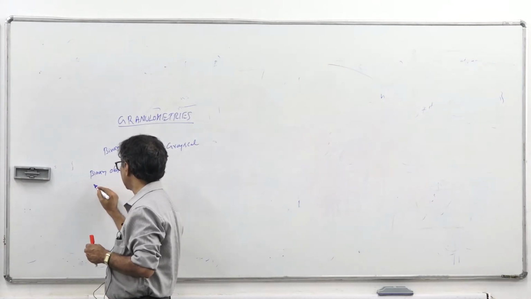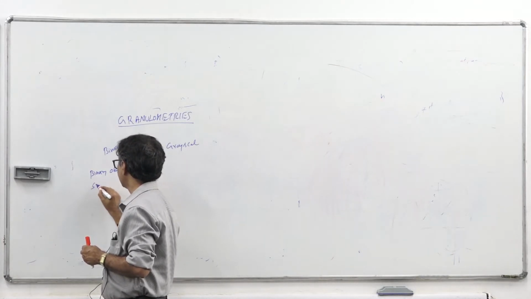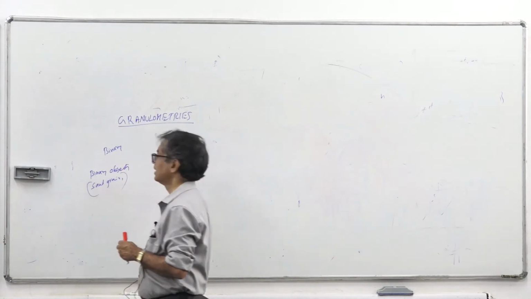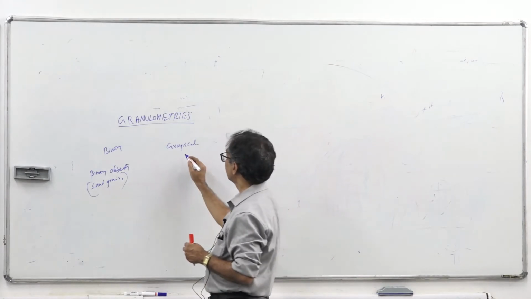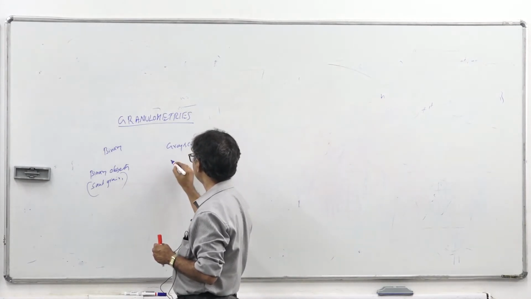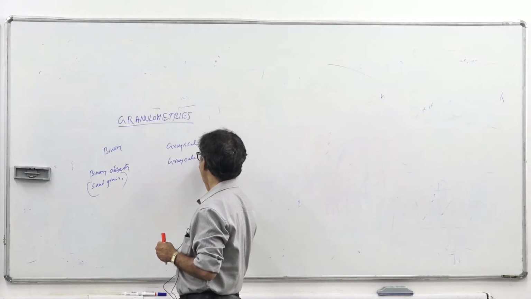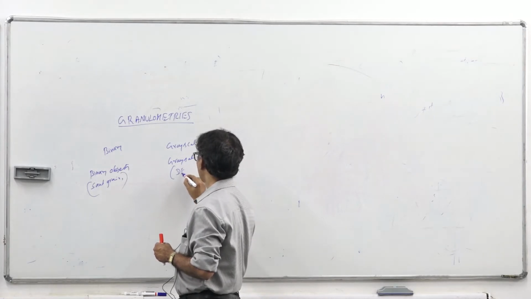A good example is sand grains. The grayscale granulometries would be good for grayscale images. An example is DEM.